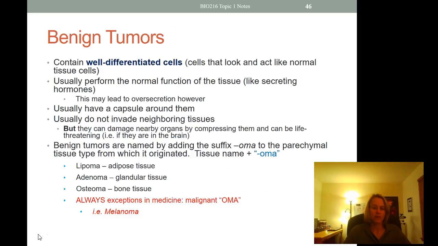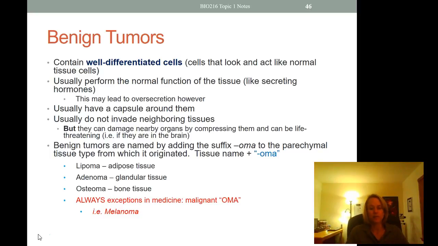So let's look at benign tumors. They contain very well differentiated cells. These are cells that still look and function like normal tissue cells. They usually perform the normal function, for instance, secreting hormones. However, benign endocrine tumors can lead to oversecretion of hormones, because they function too much, if you will, because we have too many cells.